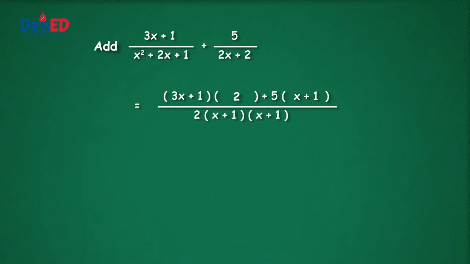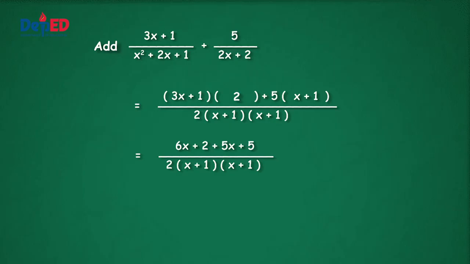The expression will now become 6x plus 2 plus 5x plus 5 all over 2 times x plus 1 times x plus 1. Can you give me the final answer? By combining like terms, the numerator will become 11x plus 7. And by multiplying all factors for the least common denominator, we will have 2x squared plus 4x plus 2.